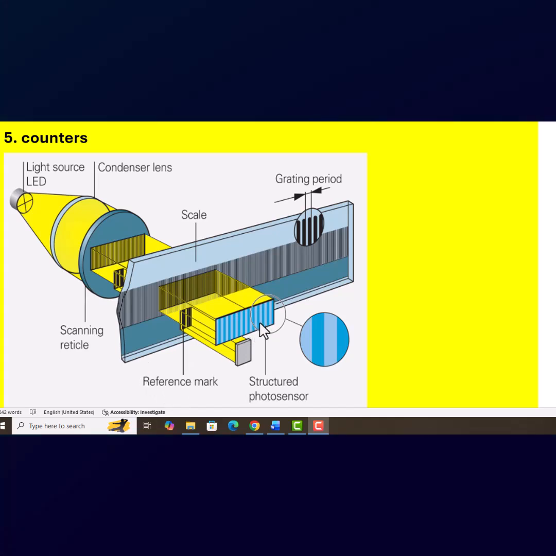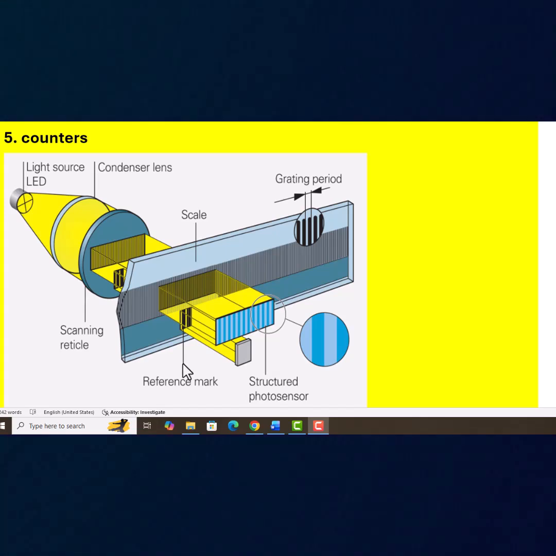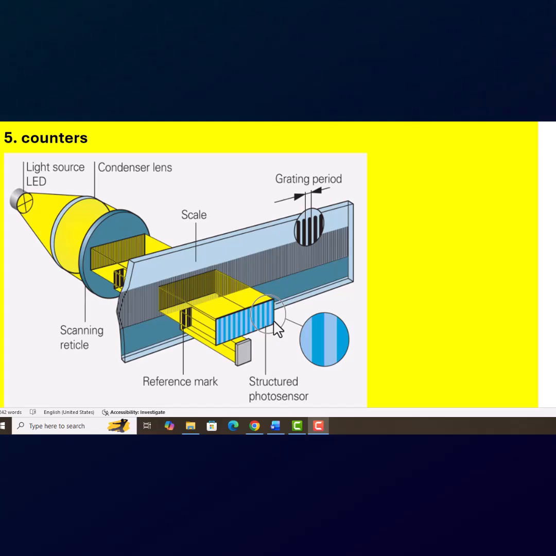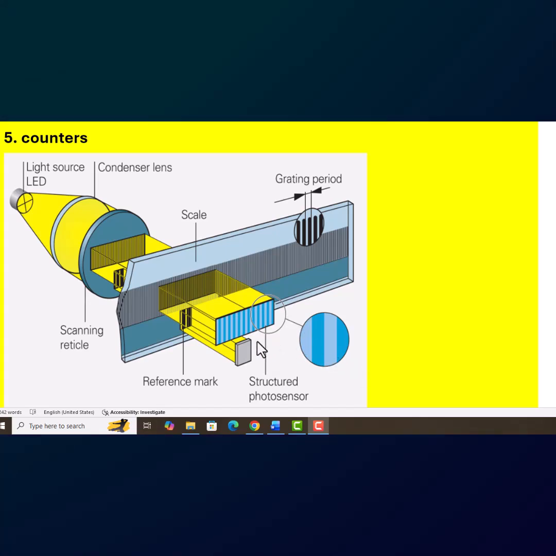This phase A and phase B photodiodes will produce the pulses, and those pulses will be transferred to the microcontrollers, and microcontrollers will transfer the pulses to the counters, and counters will count the number of pulses generated by phase A and phase B, and based on the position of these pulses, the direction of the joint with reference to the reference can be decided.